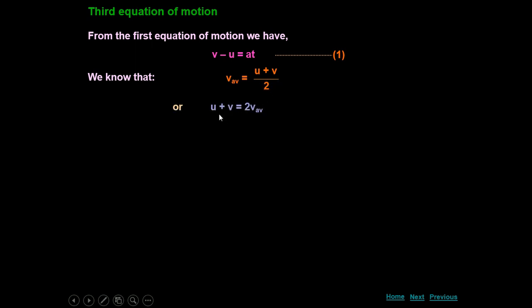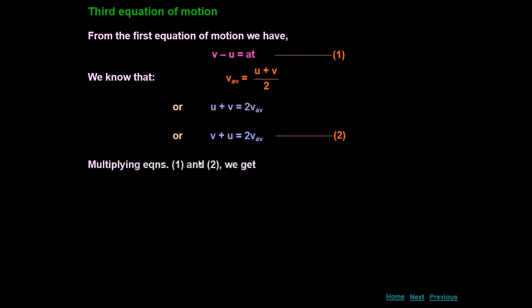This also we can write, this 2 will go here, u plus v is equal to 2 into v average. We can also write v plus u is equal to 2 into v average. So this is equation 1 and this is equation 2. The first equation is v minus u is equal to at, and the second equation is v plus u is equal to 2 into v average.